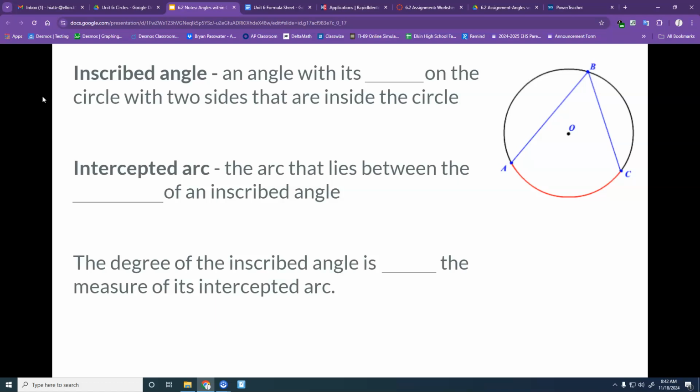Okay. So, the problems that we worked on Friday are really the key problems that you have to have. We're going to look today at several different scenarios.